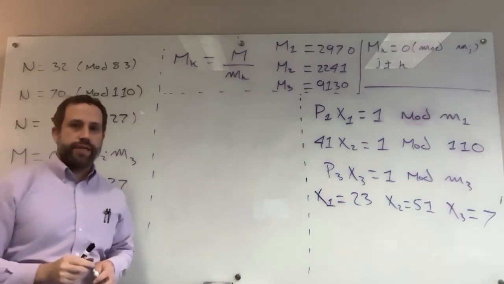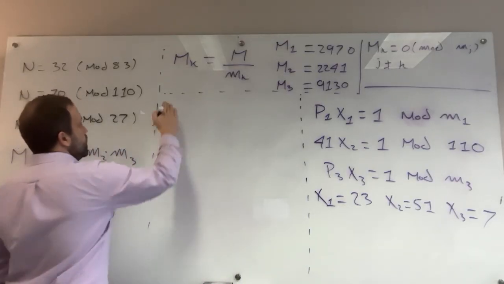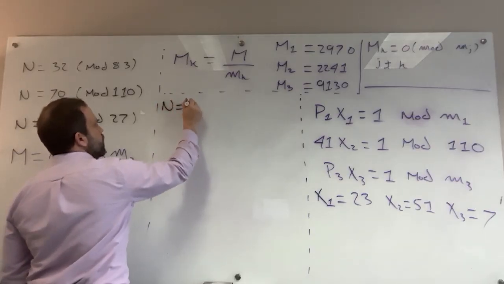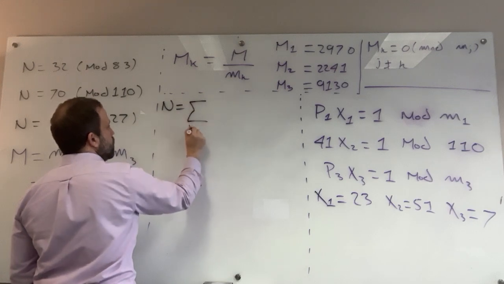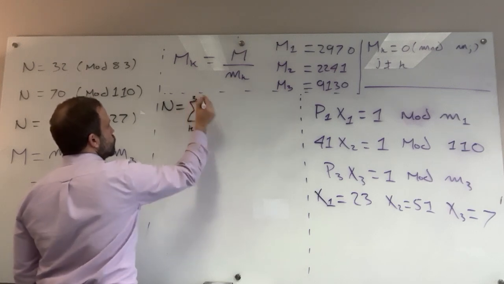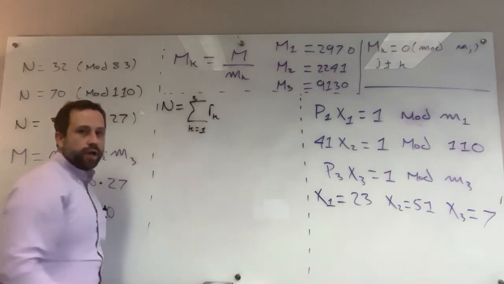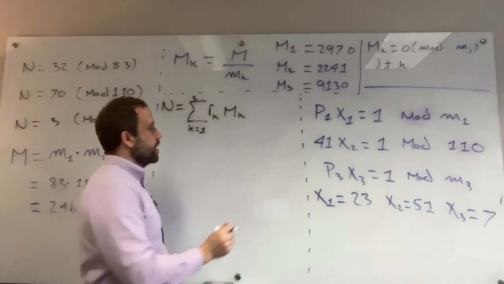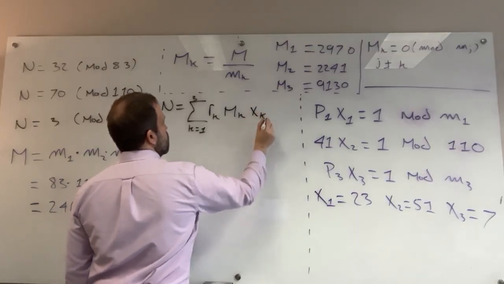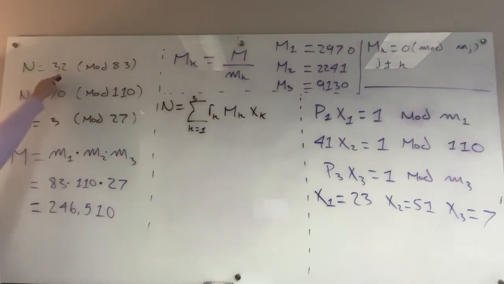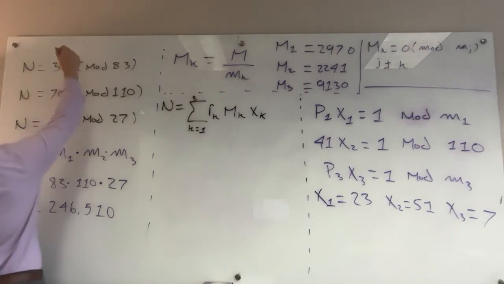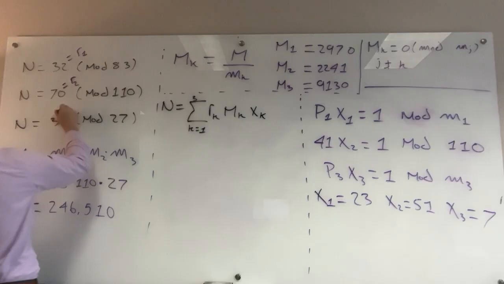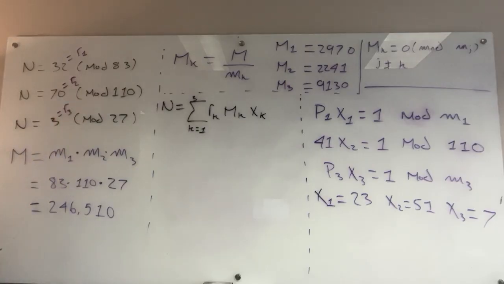Or this is a solution n, and then we're going to reduce it mod big M. So n is going to be equal to the sum k equals 1 to 3 of rk times Mk times xk, where this is r1, 32 is equal to r1, this is equal to r2, and this is equal to r3.